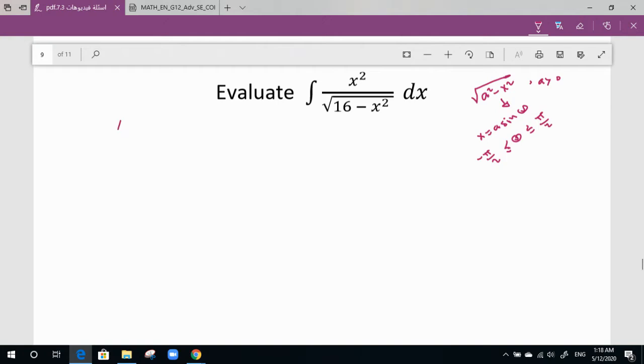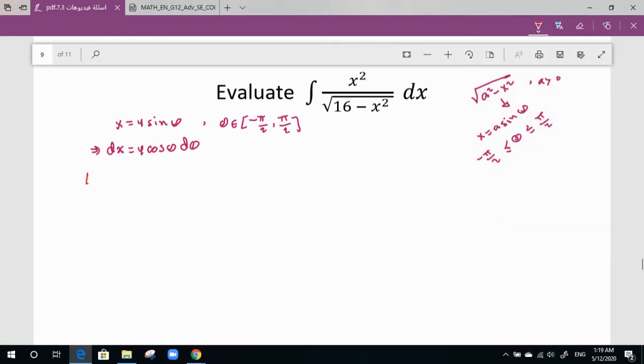So I will start from x equals 4 sine theta, with theta in the closed interval from negative pi over 2 to pi over 2. Now dx equals 4 cosine theta d theta.